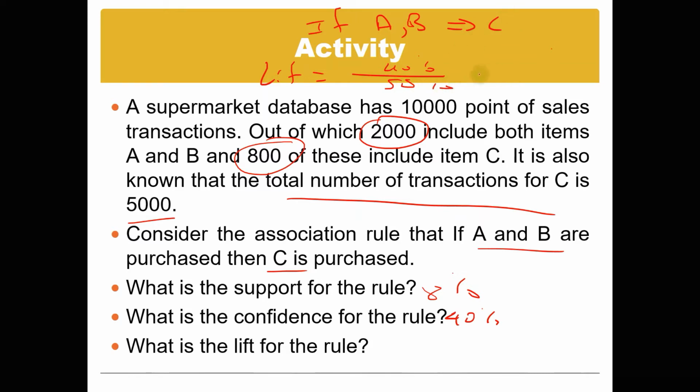So in other words, if you look at this, the numerator is smaller than the denominator, which is basically here 0.8. And this means what? It means that the relationship between the antecedent and the consequent is not more significant than would be expected if the two sets were independent.